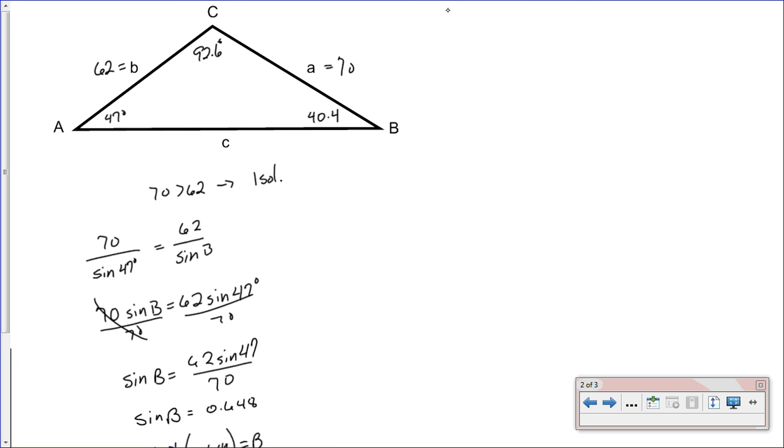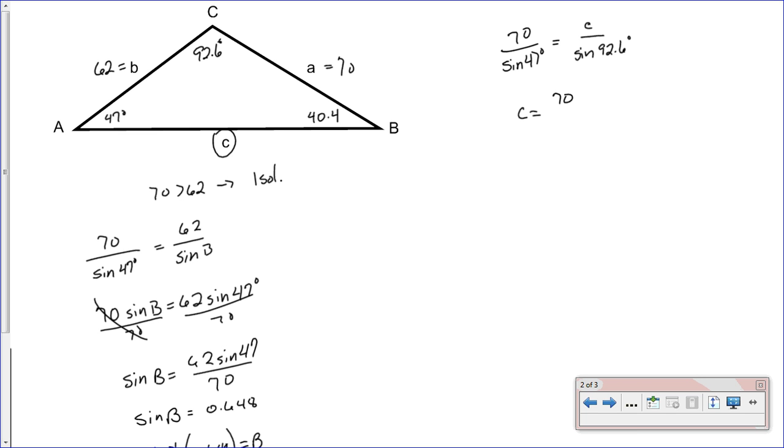All right. So to find letter C, we are going to do 70 over the sine of 47 degrees equals C over the sine of 92.6 degrees. All right. So C equals, multiply both sides by the sine of 92.6 since our variable is in the top.